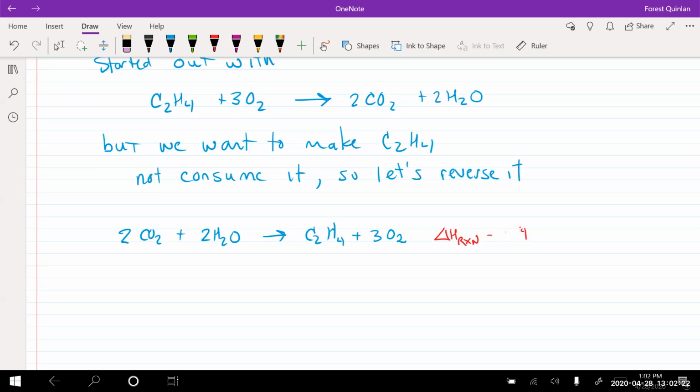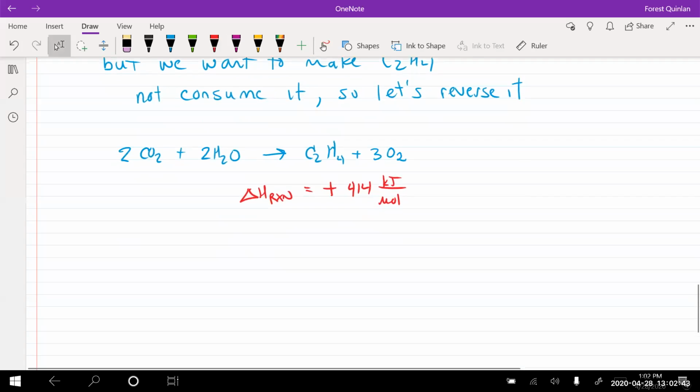So this delta H of the reaction now is positive 414 kilojoules per mole. That means you'd have to do something to make this go. When you flip a reaction, you reverse the sign.